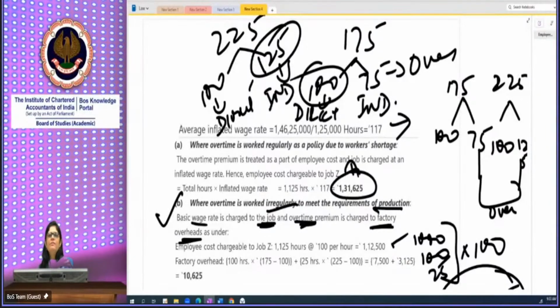We never allocate the earnings to the job. Clear? And yes, the treatment of overtime: the treatment is always for the overtime premium, not the basic or normal rate in that. I hope you have noted these down, and you must revise these points before your exams or before doing any question on this.